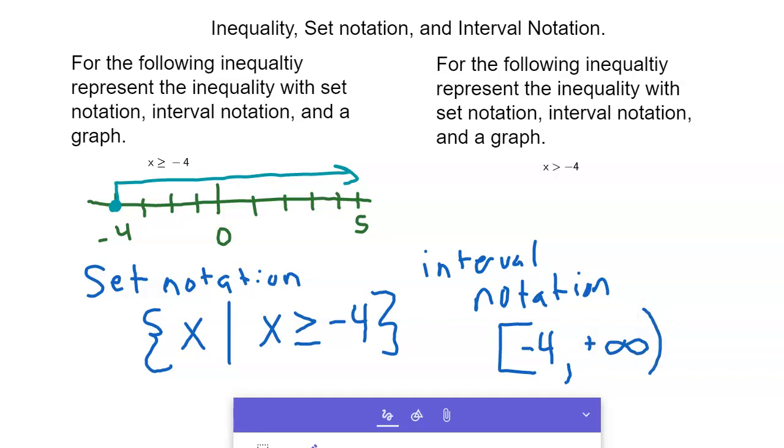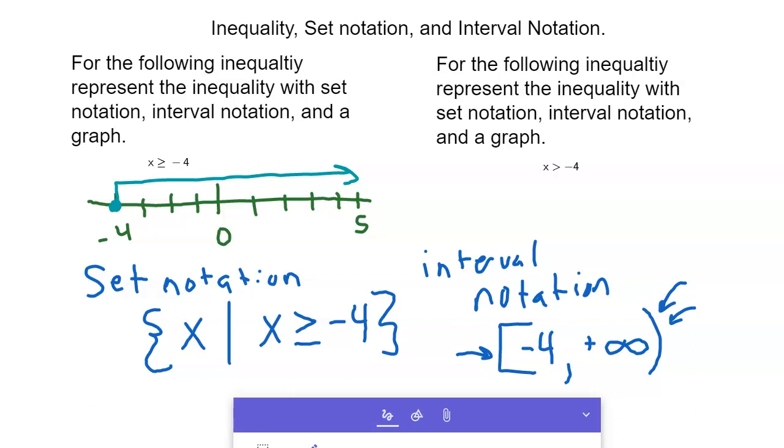And then we have this is called a hard bracket, and this is called a soft bracket. A hard bracket means we include the negative 4 in the problem, and we want all the numbers clear to infinity. That's a soft bracket because we can't include infinity. If you go to infinity, there's always one more number. So you just can't include it because it always gets bigger and bigger and bigger.